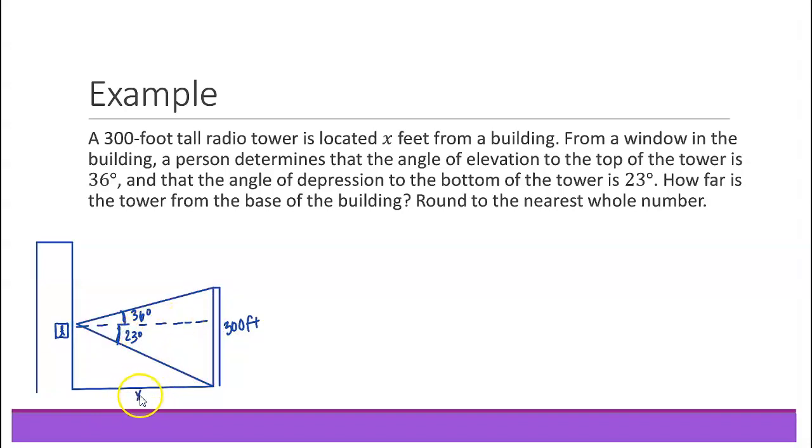So what I want to do first is recognize that the distance from the base of the building to the base of the tower, x, is also the length of this horizontal line of sight. So this is also a length of x right here. And so what I want to do is think about two separate right triangles now.